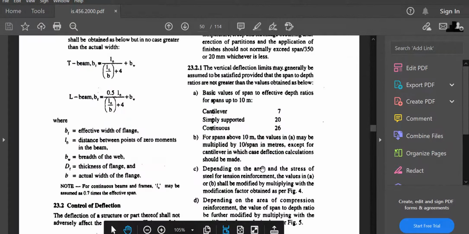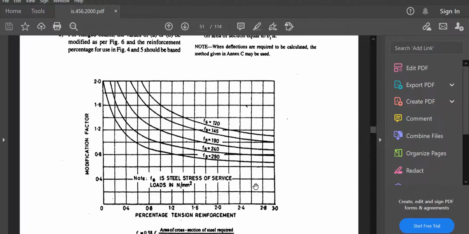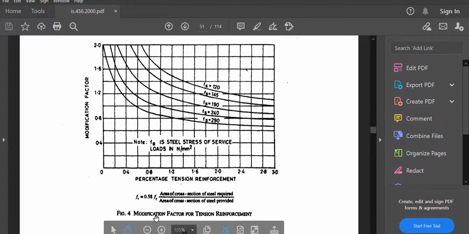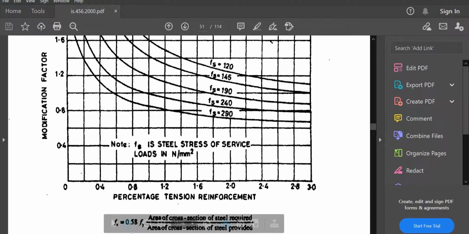If I go to figure number 4, the modification factor for tension reinforcement, on the x-axis you can see the percentage of tension reinforcement, and on the y-axis it is the modification factor. And this value depends on the Fs value.